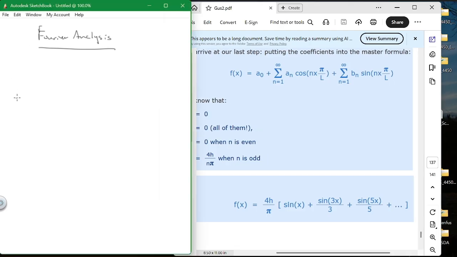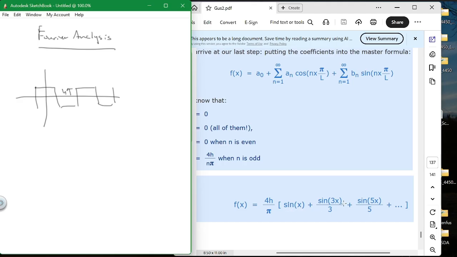So here's my square wave, of height h, and there are my signs.